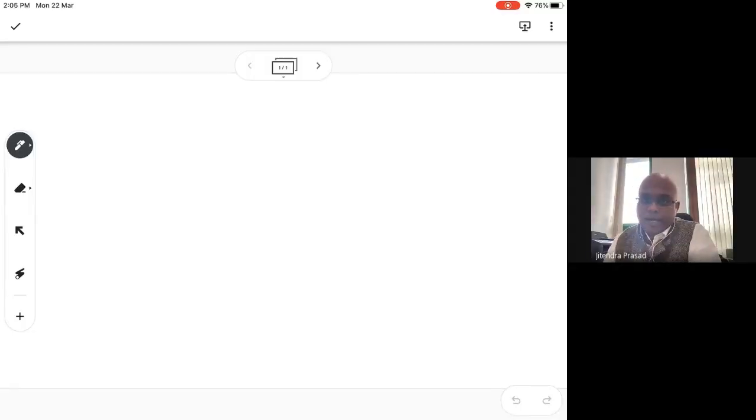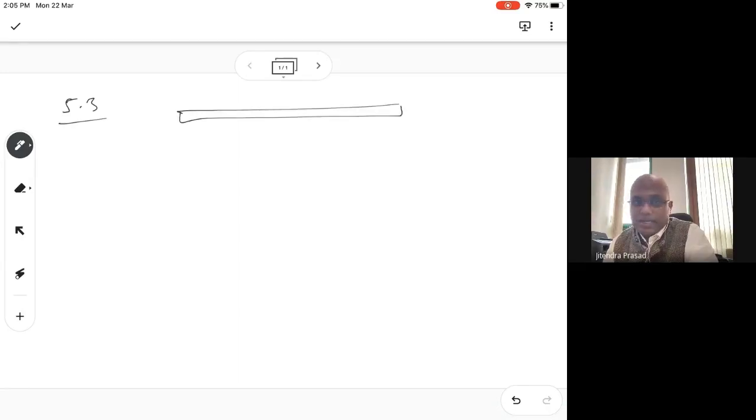Okay, so the question here is about 5.3. And here there is a problem like this one. It is given that this is x equal to 1, this is x equal to 4, and S is given to be 50/3 x plus 2, like this one.